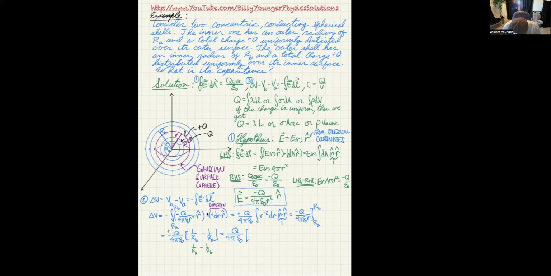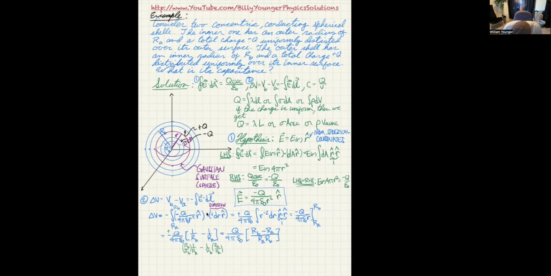But to get a common denominator, I'm going to multiply this one by RA over RA, and this one by RB over RB, like that. So ultimately, what we're going to get is RB minus RA over RA RB.